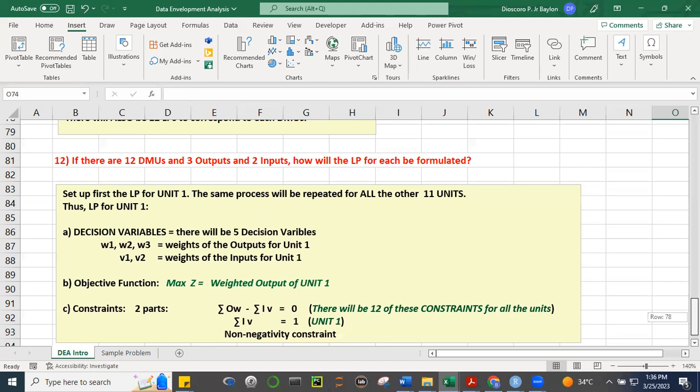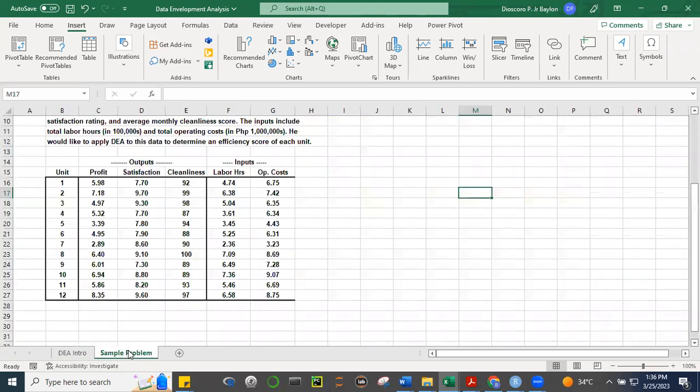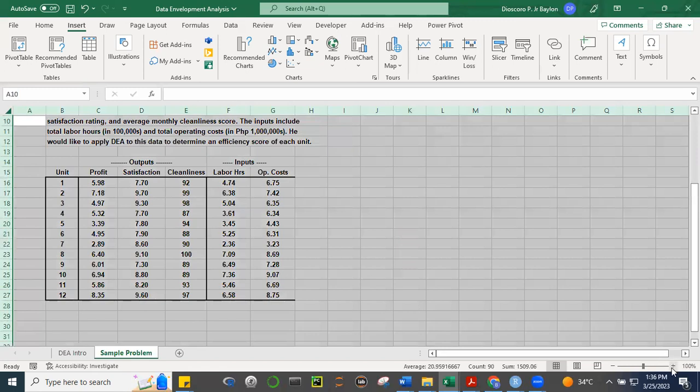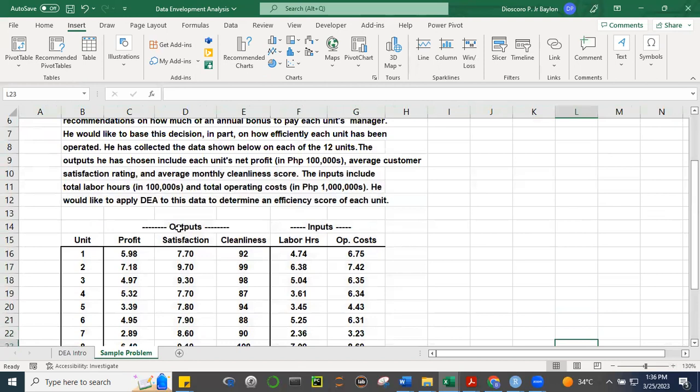Okay, so it's best to take a look at this via an example. So may I invite you to take a look at the sample problem here? Okay, so this is our sample problem. Even without the labeling, you would know which are the inputs and outputs here.